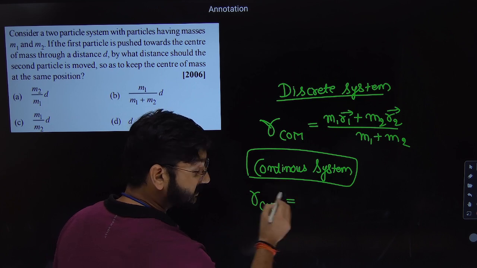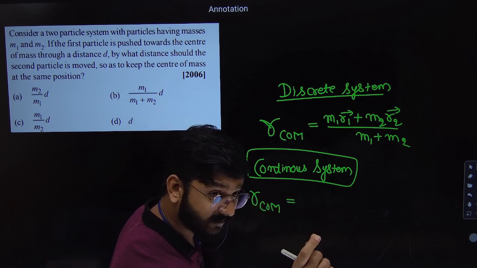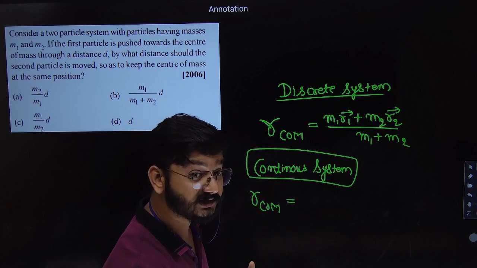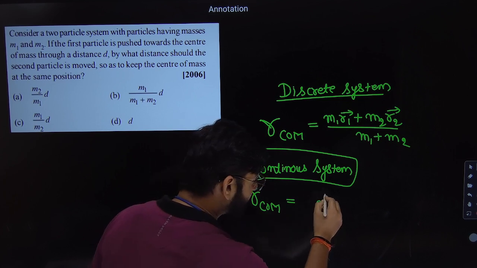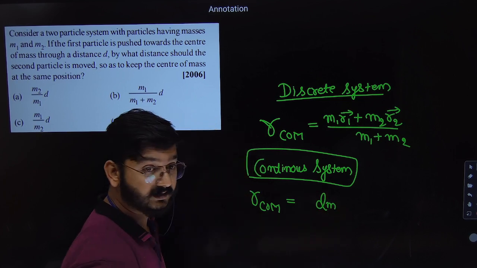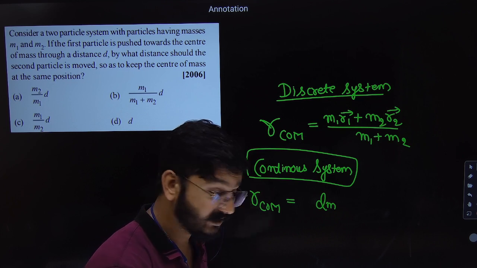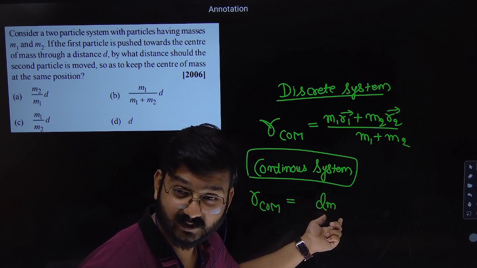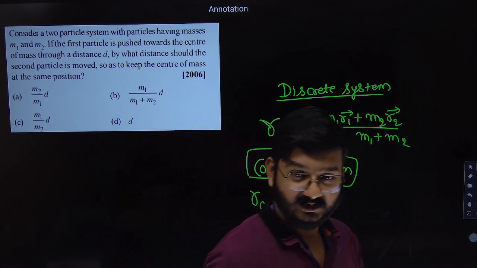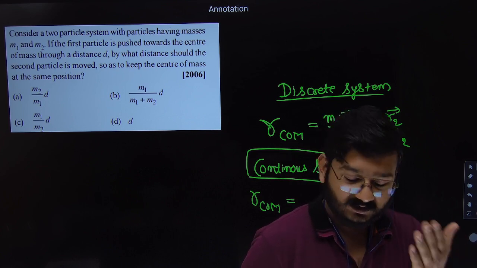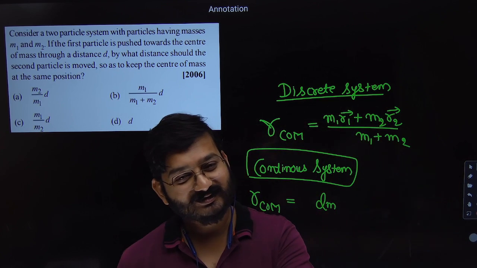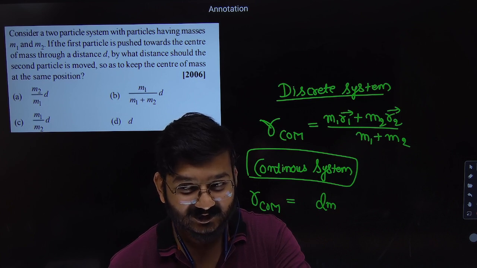RCOM is equal to the mass of the particle multiplied by its position. The mass of the particle is dm, not the Instagram DM. dm is basically a small mass of the particle. In physics and maths, we use dl, dx. What is dx?